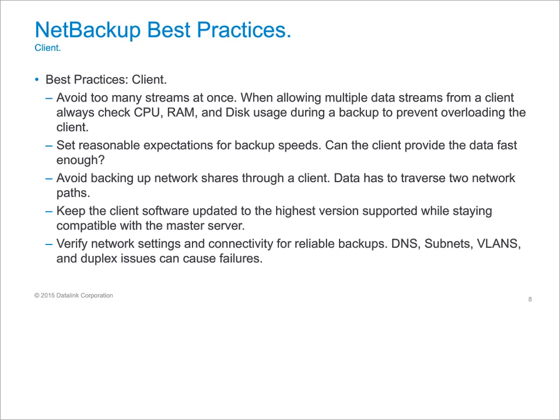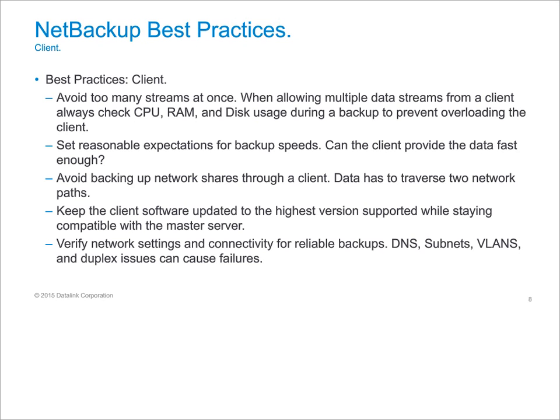Another thing to avoid would be to back up network streams through a client. The reason for this is you have to move the data across your network link twice. If you have an NFS or CIFS share that you're backing up through a client, you have to move that from the NFS share to your client and then from your client to your media server.